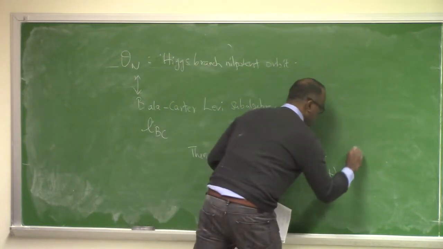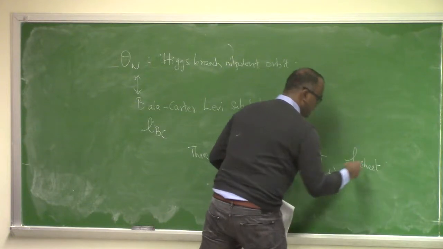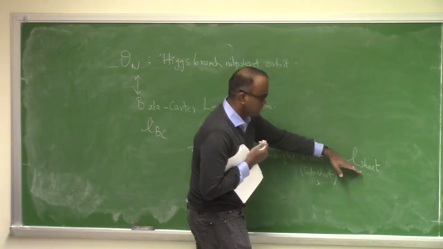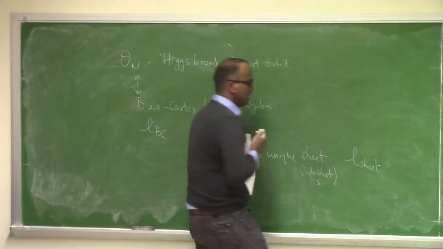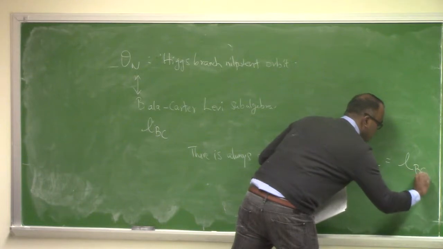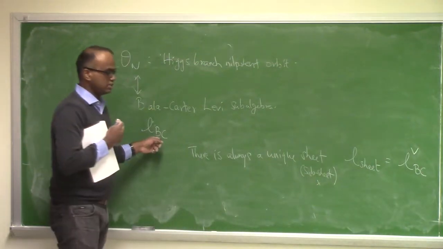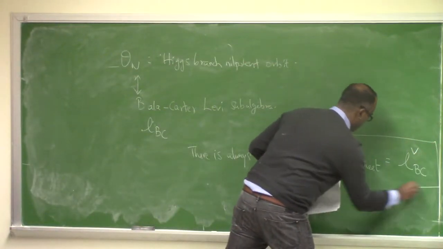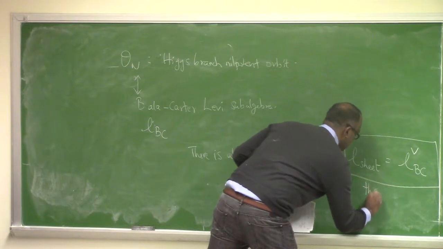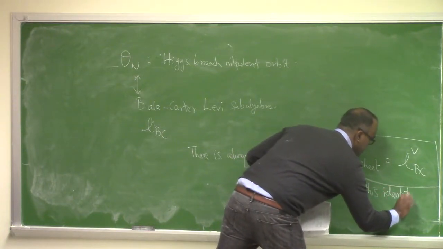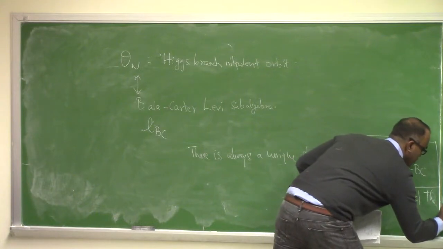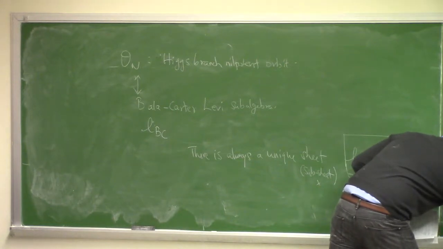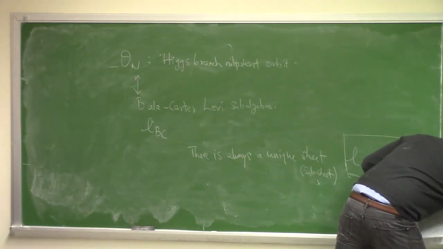There's always a unique sheet such that the sheet Levi, which is really a Levi subalgebra of the Langlands dual Lie algebra, happens to be the Langlands dual of this Bala-Carter-Levi. So our claim is that this identifies the mass-deformed Coulomb branch of this T_rho G theory.